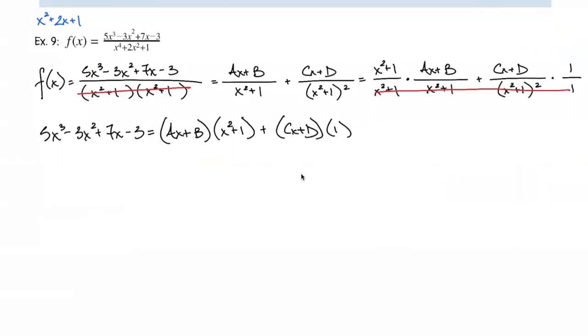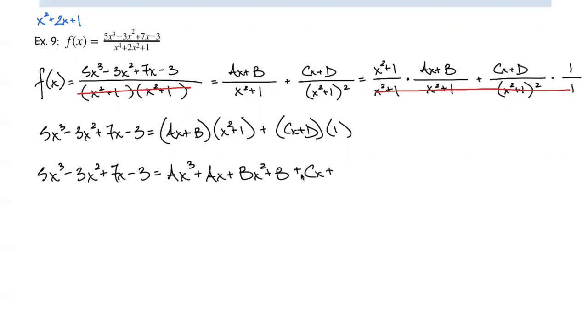All right, let's see what we get. We get 5x cubed minus 3x squared plus 7x minus 3 equals ax cubed plus ax plus bx squared plus b plus cx plus d.